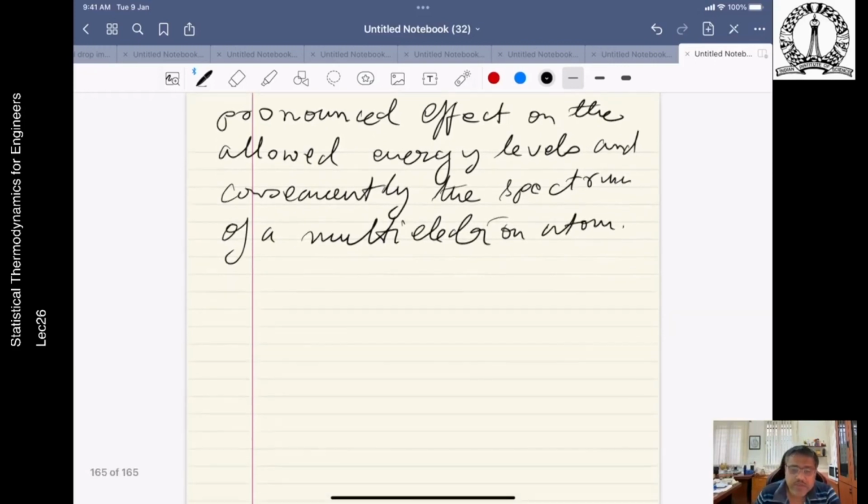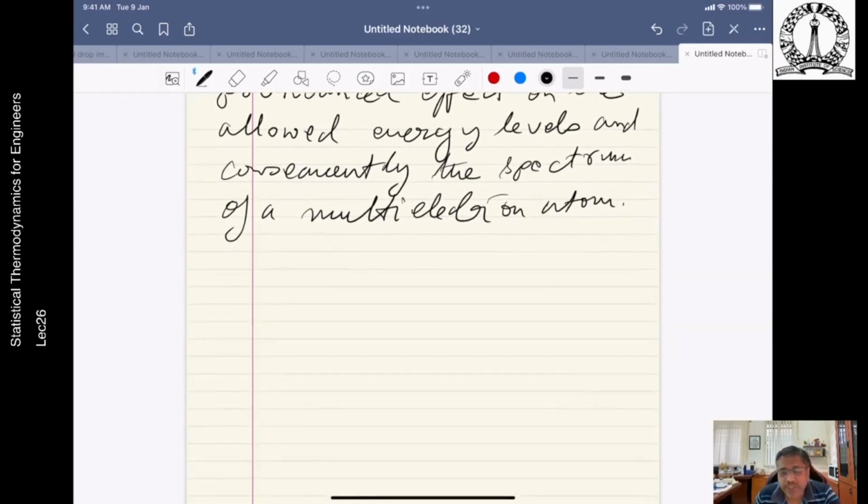The spectroscopic classification is a nomenclature, and it provides a scheme for labeling these energy levels.